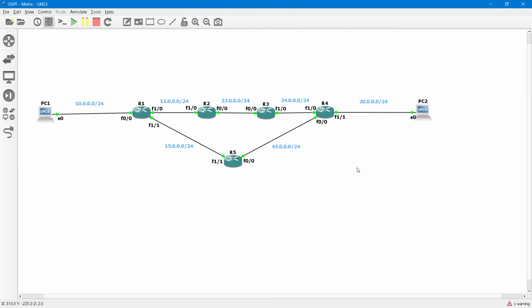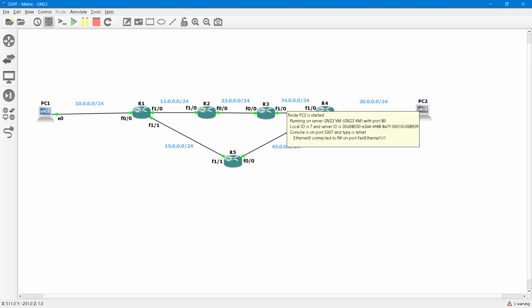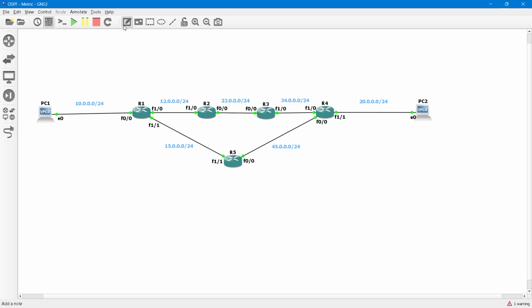As you can see here, let's suppose RIP is working throughout this topology. Now, in order to find the best path, we use hop count, right? Let's suppose it wants to reach from PC1 to PC2. From the 10 network, we want to reach the 20 network, right? So our unit is hop count.